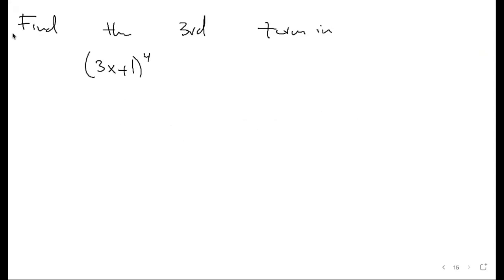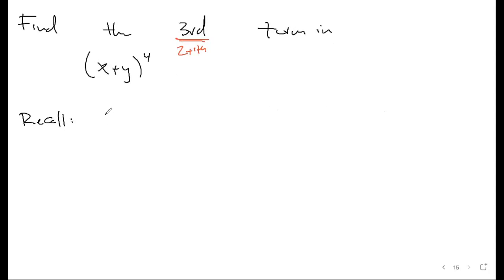Yes. So find the third term in this sequence. So the third term is the 2 plus 1 term. So if you remember, actually, let me just do it this way. Let's do this one for now, and then we'll do that one later.